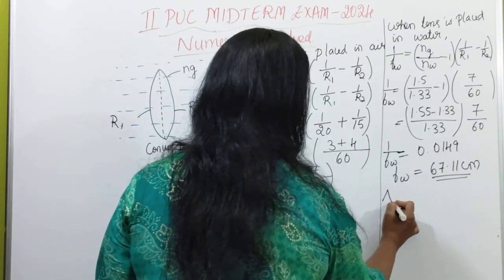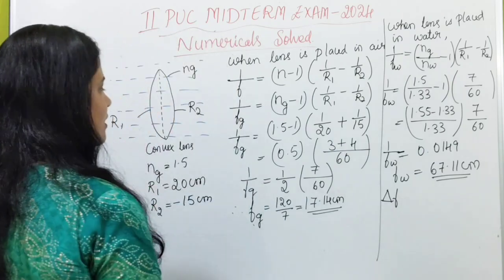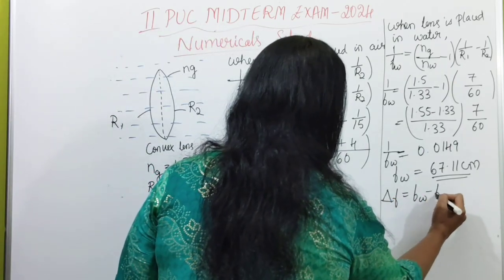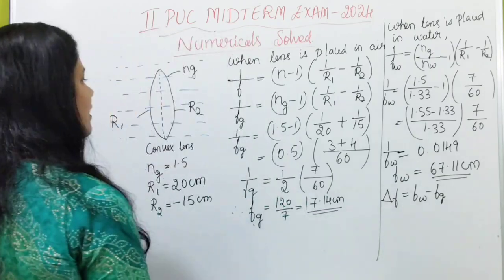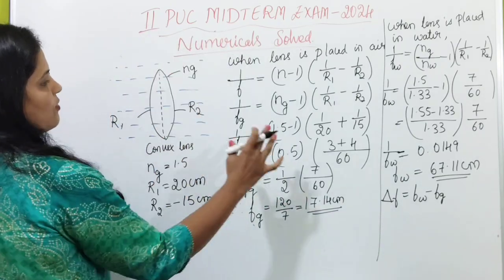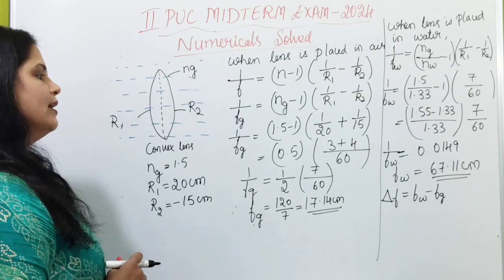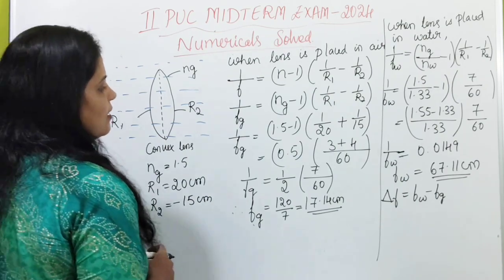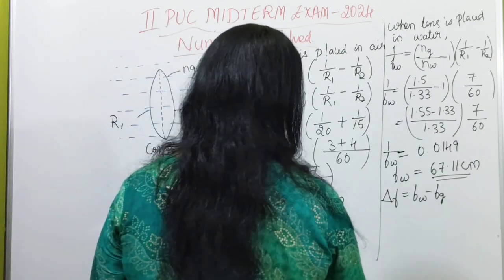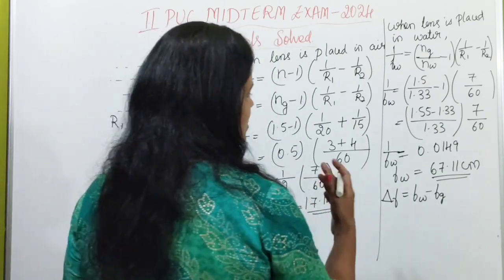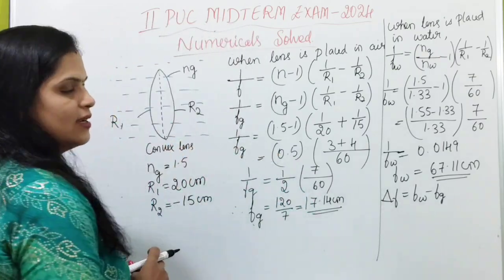Then what is the change in focal length? Change in focal length delta F is FW minus FG. You are observing here that as you place the convex lens in water medium, its focal length increases, almost 4 times greater, right? 17 fours are 68, so almost 4 times increases. It is one CET question.